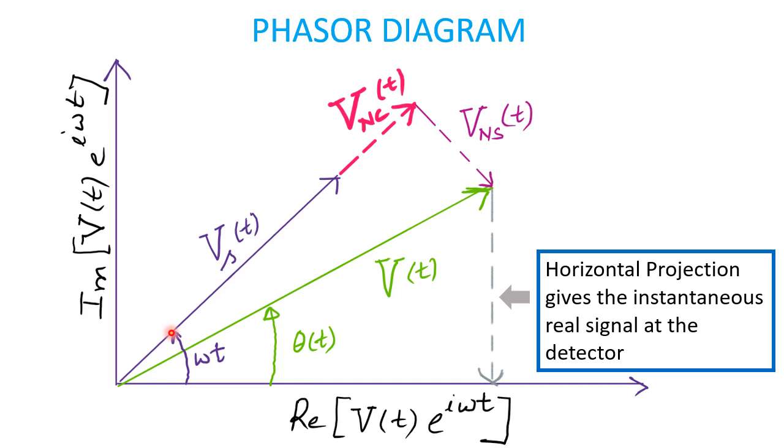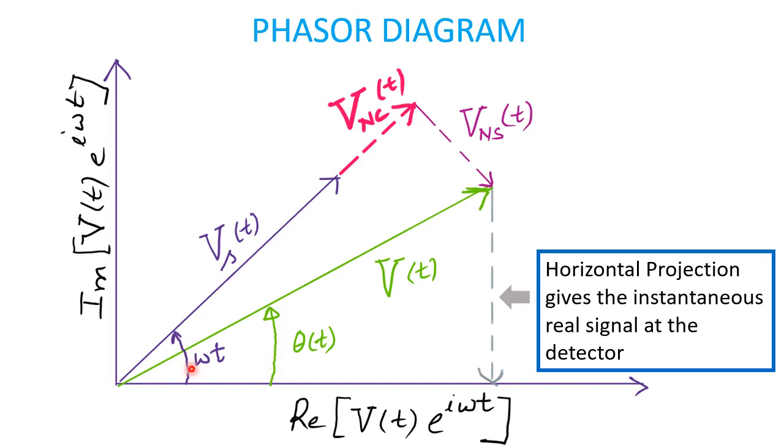Now remember that in my phasor diagram, this Vs of t is actually going around in this plane at a frequency omega. So omega times t forms the instantaneous angle which it makes with respect to the x-axis here, which is the real part, right?